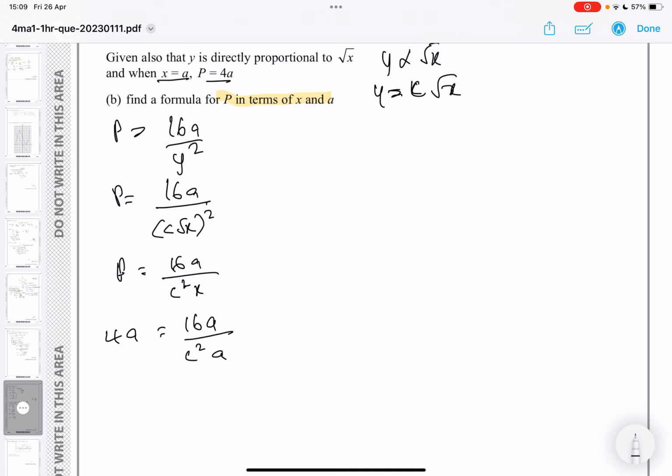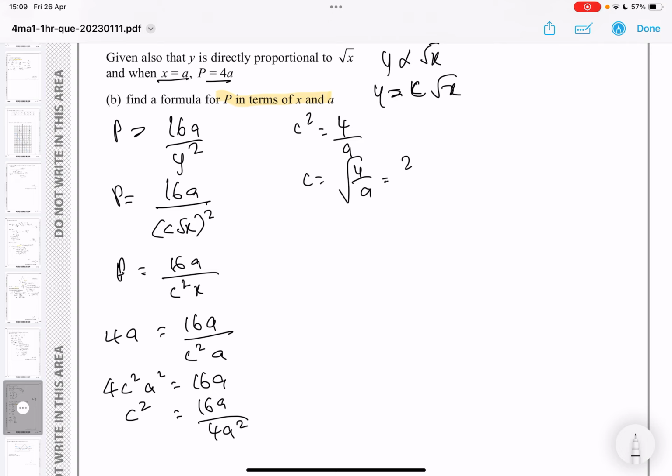Now if we multiply both sides by c squared a, we get 4c squared a squared equals 16a. So c squared equals 16a divided by 4a squared. c squared equals 4 divided by a. So c is square root of 4 over a, which is 2 divided by root a.